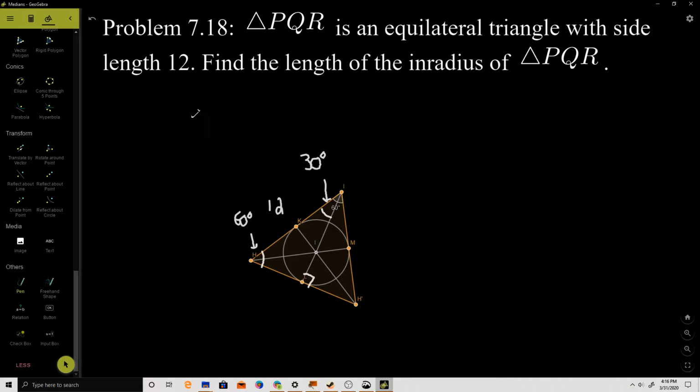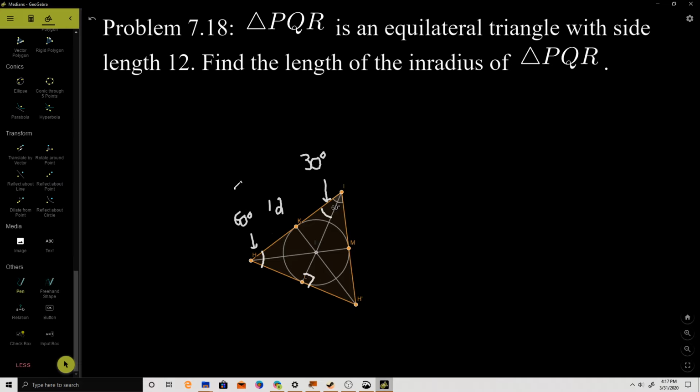So, now I'm trying to find the length of the inradius of PQR. I mislabeled all that, but whatever. We're just trying to find the inradius. So, I want to find out what KI or IM or IL is.